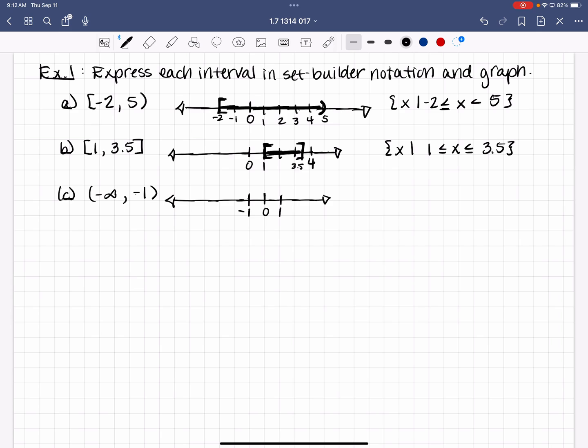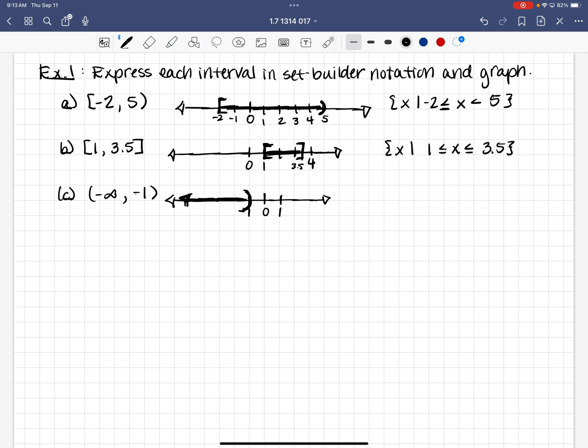Open, because parentheses mean open. And I gave it away, didn't I? Because I drew the parentheses the way it goes. Parentheses there, and we shade to the left because we're coming from negative infinity. We want all the numbers below -1. Okay?